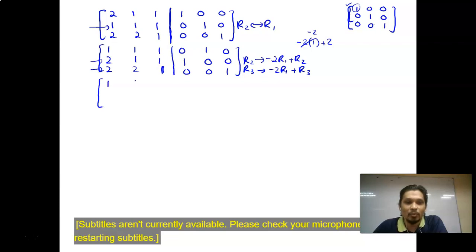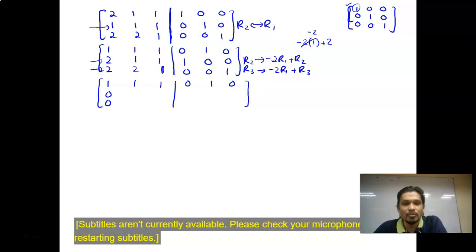So then 1, 1, 1. So 0, 1, 0. Okay. 0 and 0. So the rest of it, we just follow the instruction here. Negative 2 times 1 equal to negative 2. Okay. And then, negative 2 times R1. Negative 2 times 1 equal to negative 2.